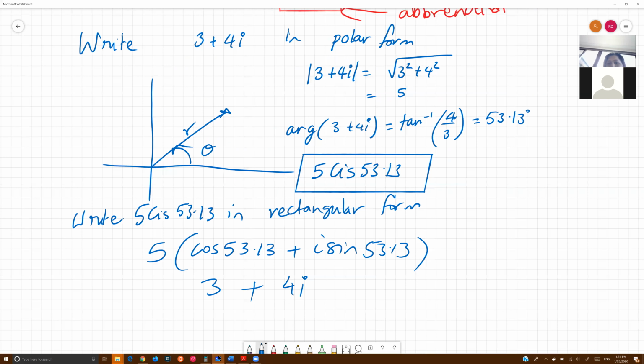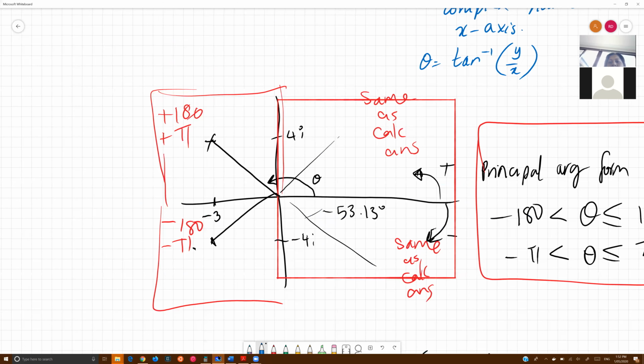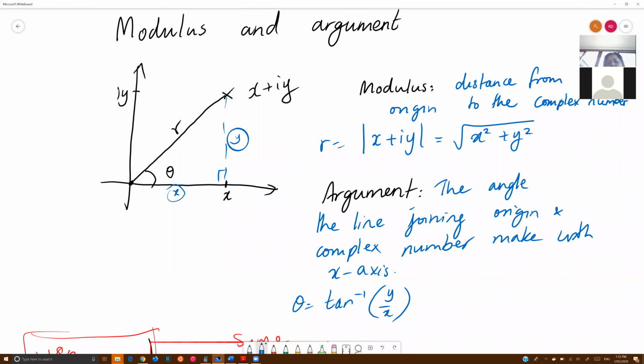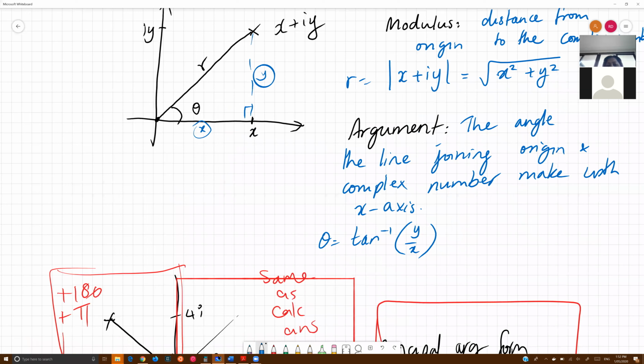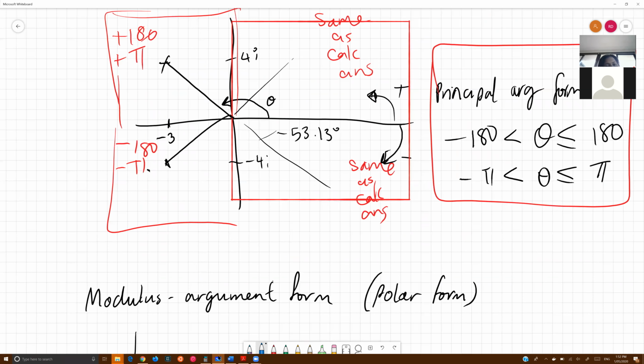So that is all for today. So just to summarize, what is the modulus? It's the radius, or the distance from the origin to the complex number. The argument is the angle, okay? And we just do tan inverse of y over x, but just be aware if you're in the quadrants on the left, you have to make an adjustment because our calculator only gives you the answer between 90 and negative 90.